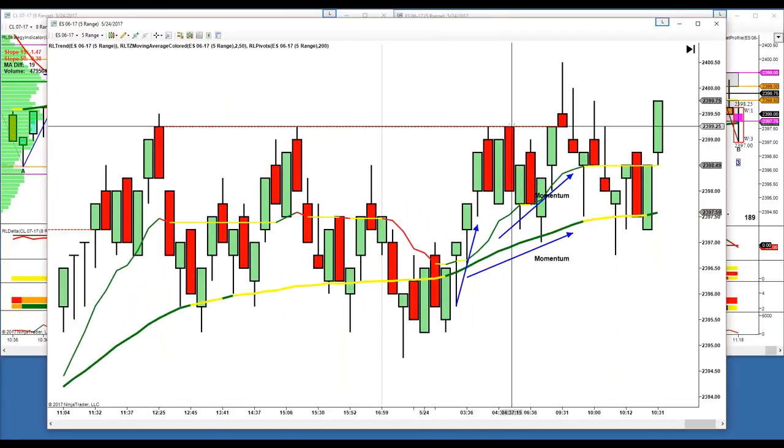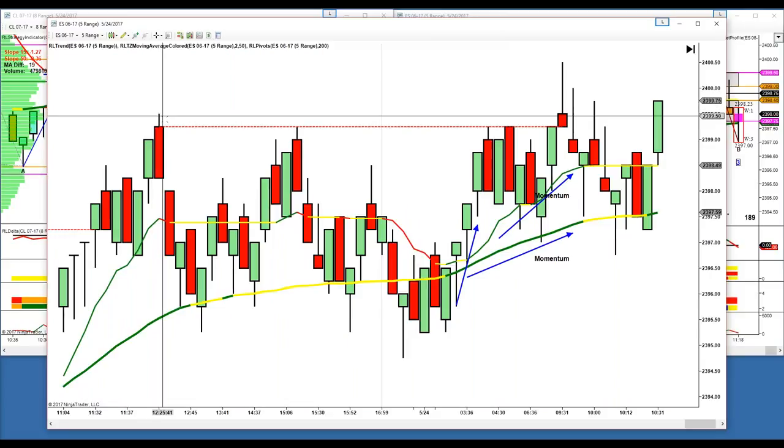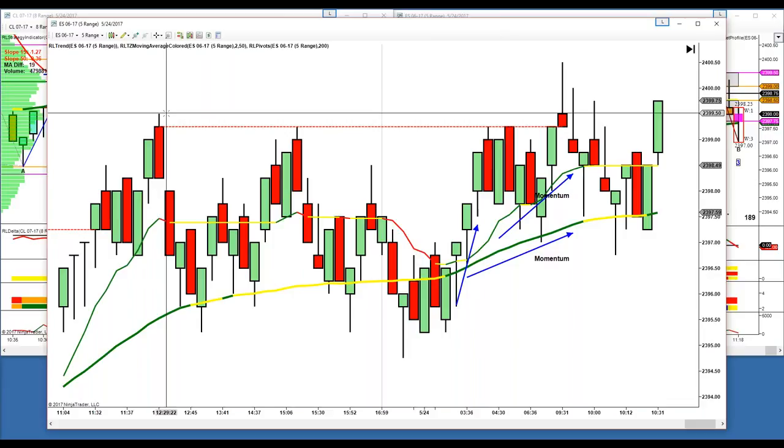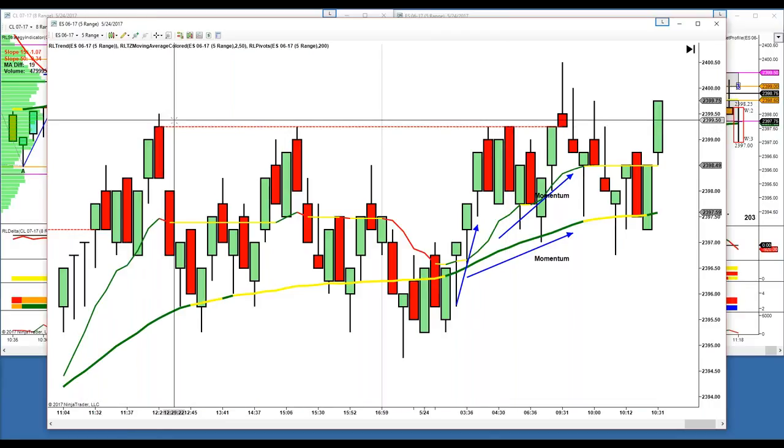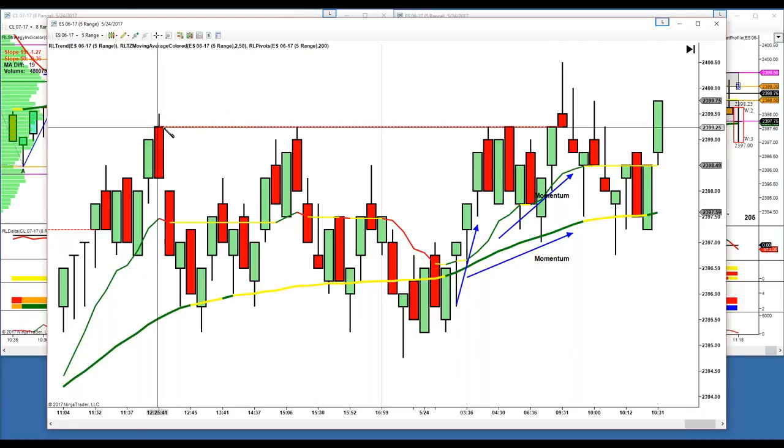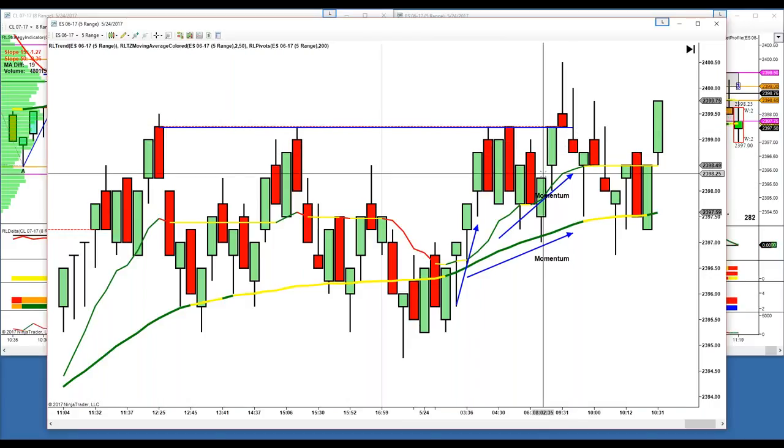You can see on this swing pivot, it ignores the wicks. Most pivots look at price, and price is not important. What's important is the candle body. So you can see this swing pivot high is taken off the candle body high, and that creates the true area of support and resistance.